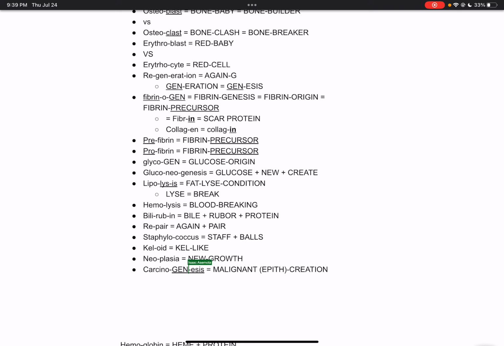The esis is the same as osis, our common word root that means condition. So this means the condition of creating cancer. The condition part doesn't really matter ever though, right? It's just grammar. The point is that carcinogenesis means creating cancer. Words go backwards, not forwards, a lot of times. So we read this part, then this part when we're trying to say the meaning.